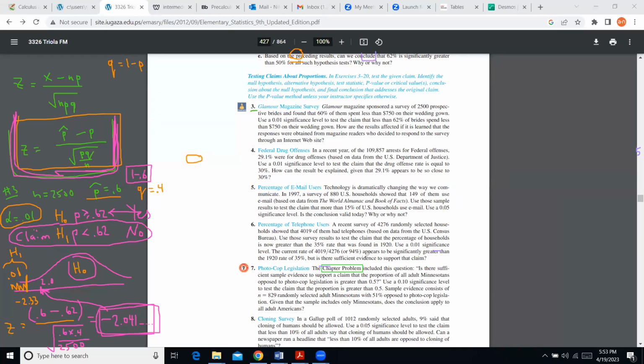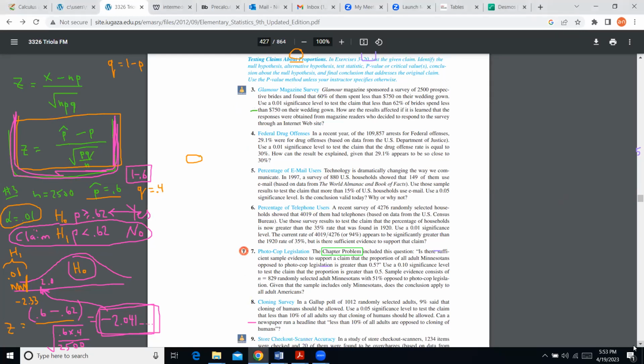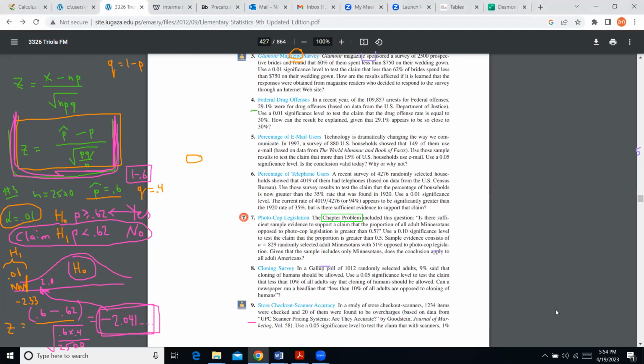Various exercises are here that relate to drug offenses, email users, telephone users, photocopy legislation, and so forth. Cloning survey. Let's try 8. Interesting exercise. The poll considered over 1,000 adults.